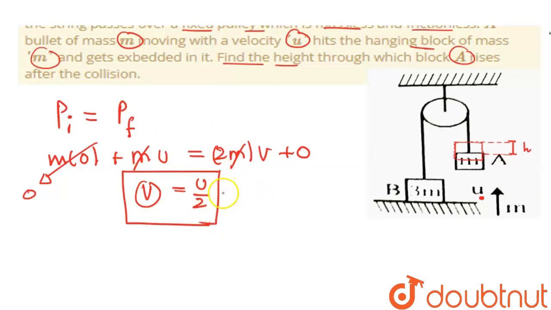Now let's understand this situation very carefully. Let's suppose this was that block initially of mass m, and this is that bullet of mass m.